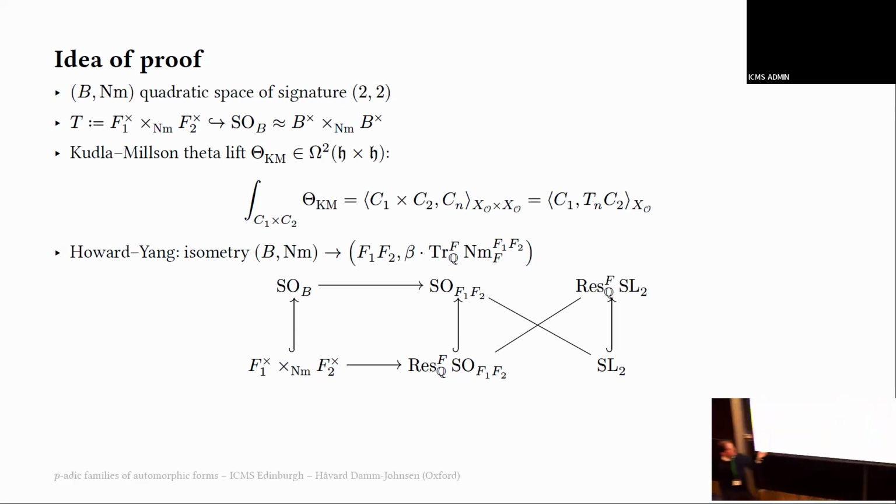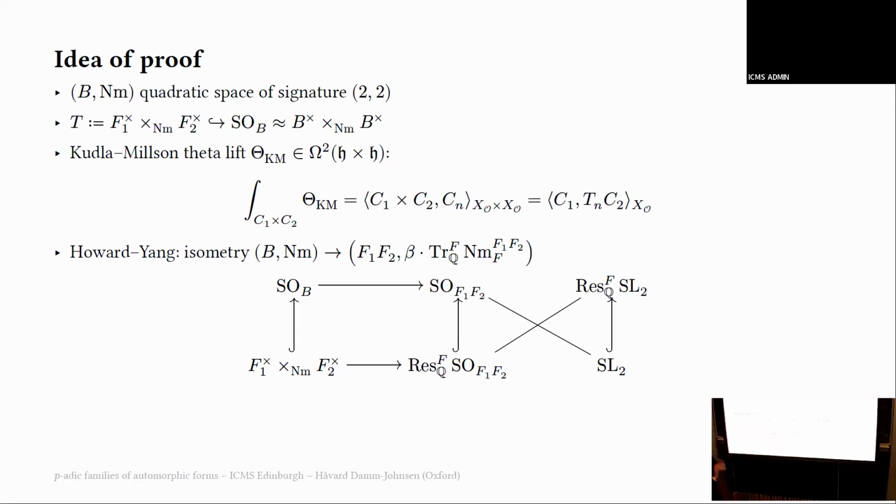It turns out that you can map this T from before, which morally gives you the product of the geodesics, onto the restriction of scalars from F of SO(F1, F2), viewed as a quadratic space over F. The main idea of the argument is to do a theta lift from the bottom left to the top right, which gives you the Hilbert theta series from before.